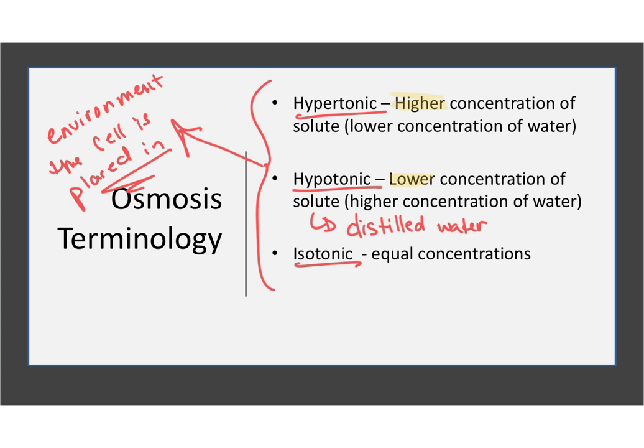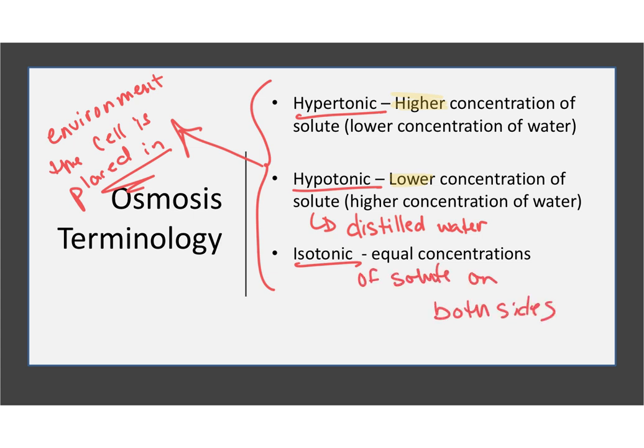However, those are still solutes, and so when you take all those out and just have pure water, you have what's called a hypotonic situation because it's low in solute. Now, iso means equal, and so this is where you have equal concentration of solute on both sides.